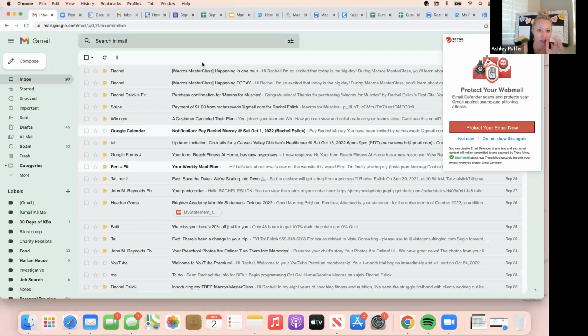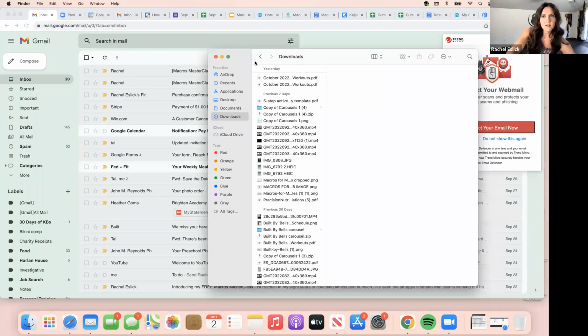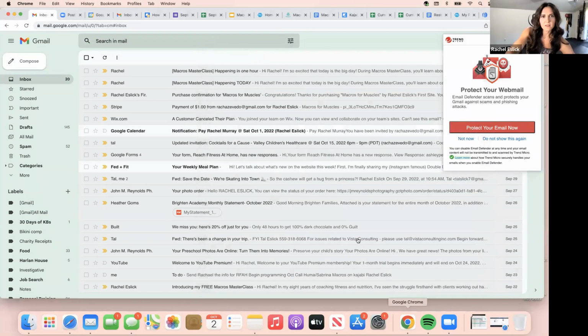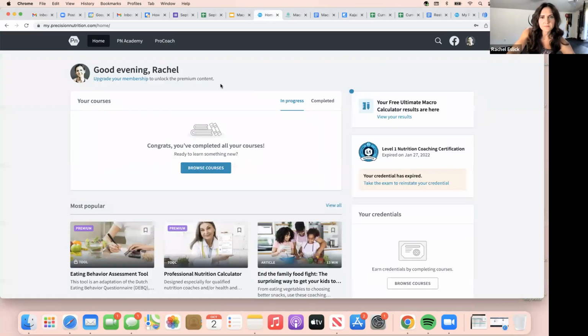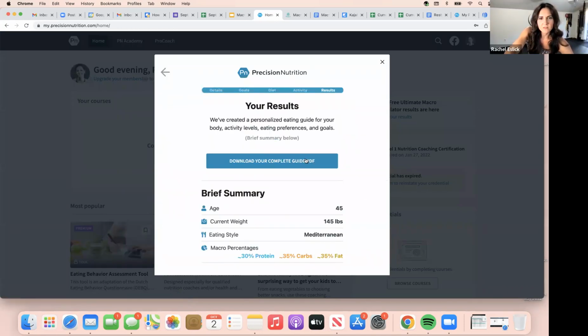That little window was maybe hiding it. Go back to the web page you were at. Your free ultimate macros calculator results are here on the right. But I didn't do the ultimate calculator, I just went to the free one. Is that it though? Yeah, it is. I think so.